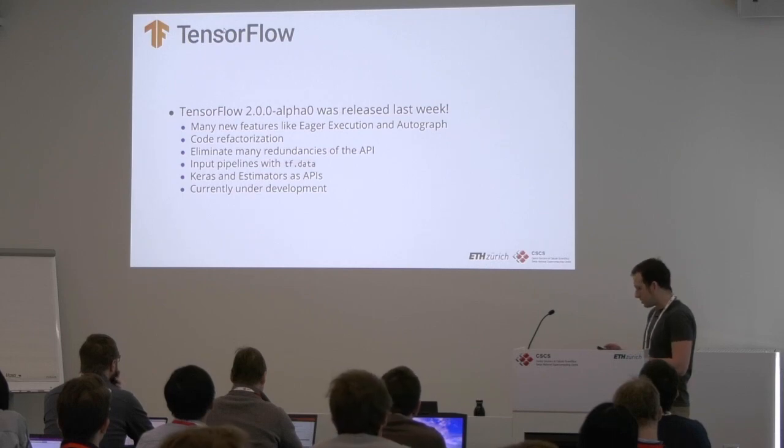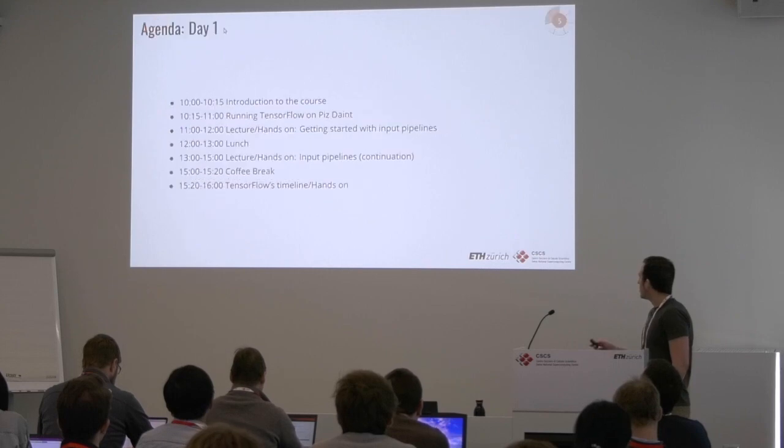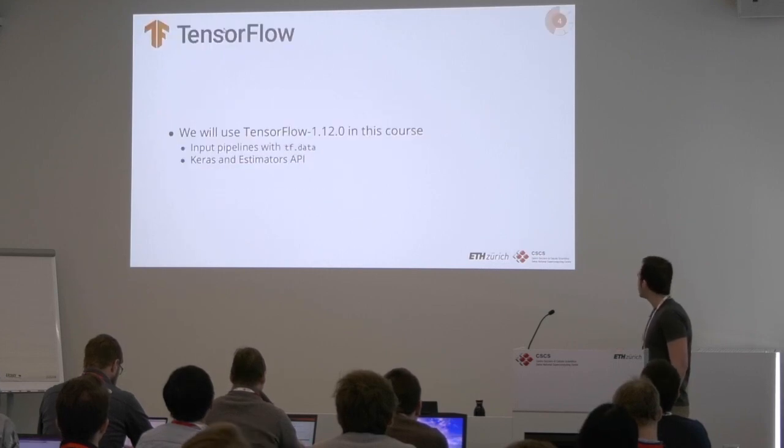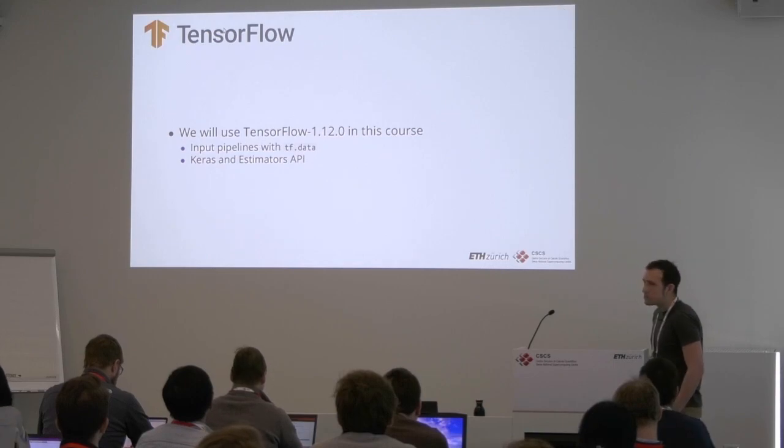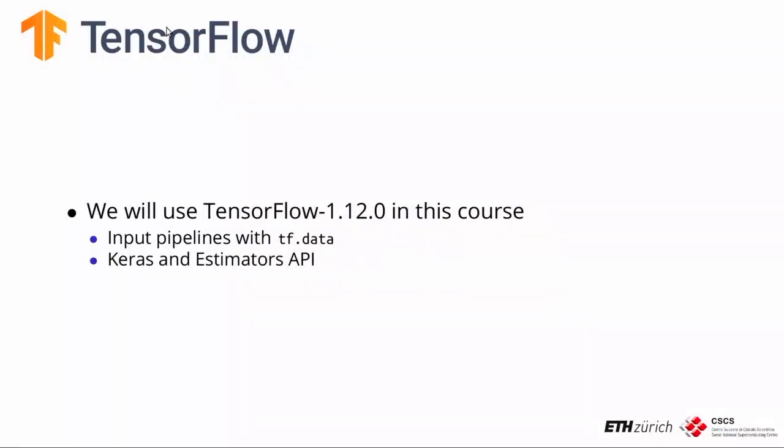In this course, we are not going to use TensorFlow 2.0, of course. We're going to use 1.12, which is one of the latest versions. The latest one is 1.13, which has just minor changes in comparison with this one.